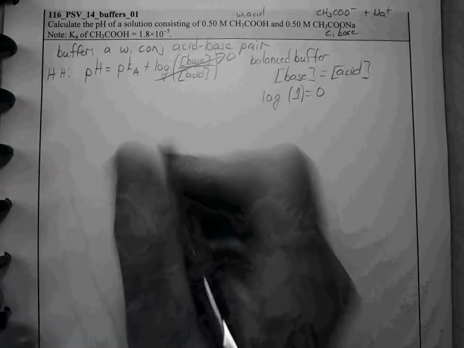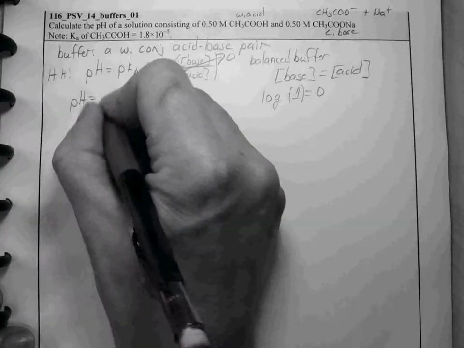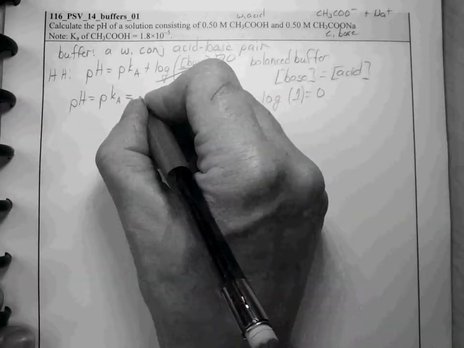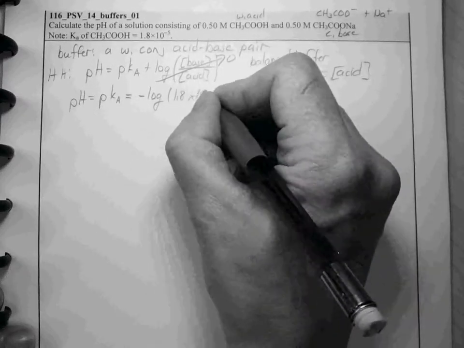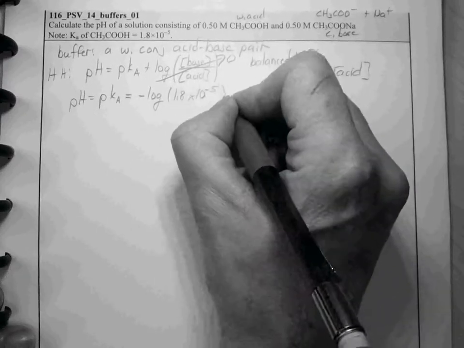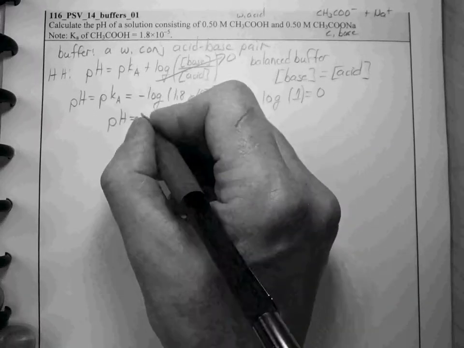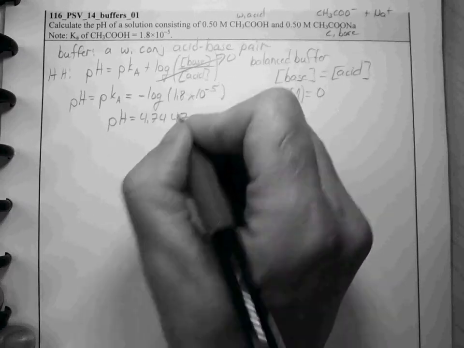And as in the case for all balanced buffers, our pH is equal to pKa, which is the negative log of our Ka, which is 1.8 times 10 to the minus 5. So we get our pH is equal to 4.7447.